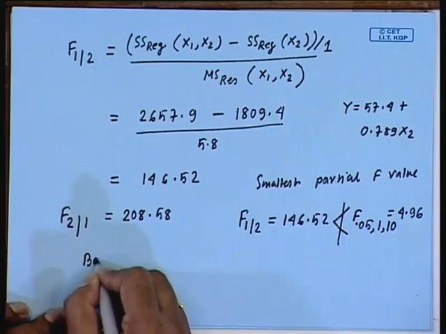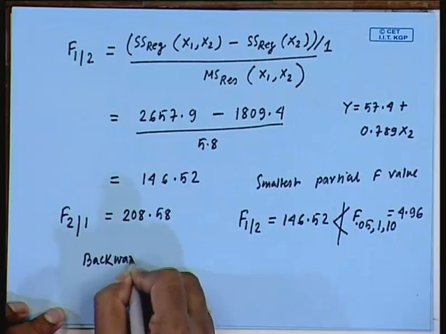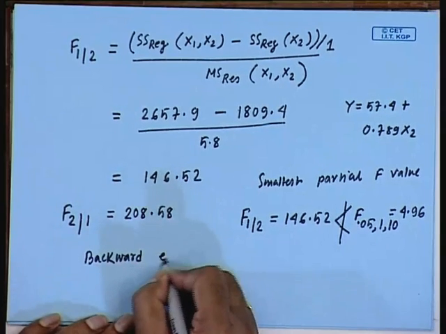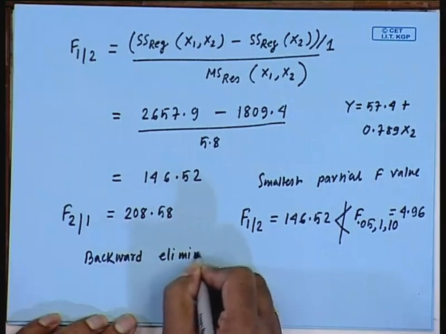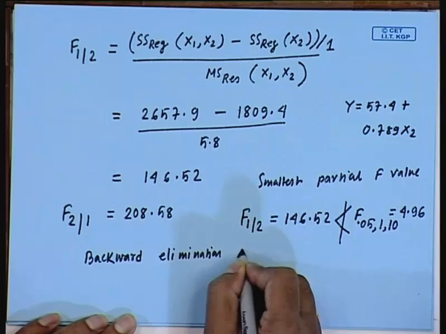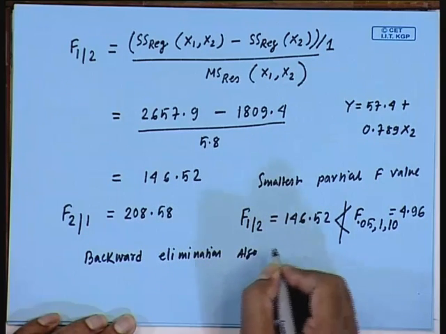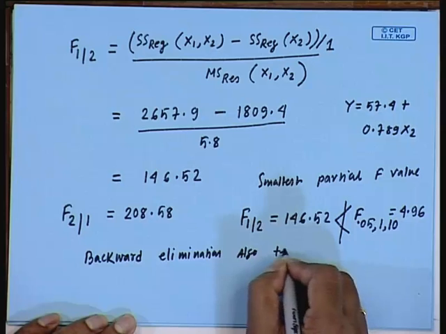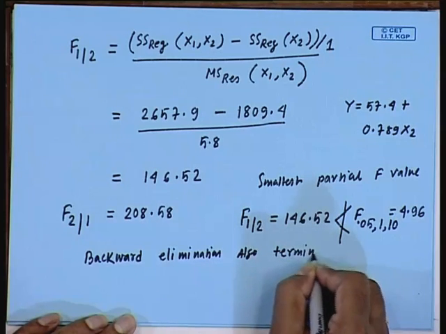So, the backward elimination algorithm terminates here.